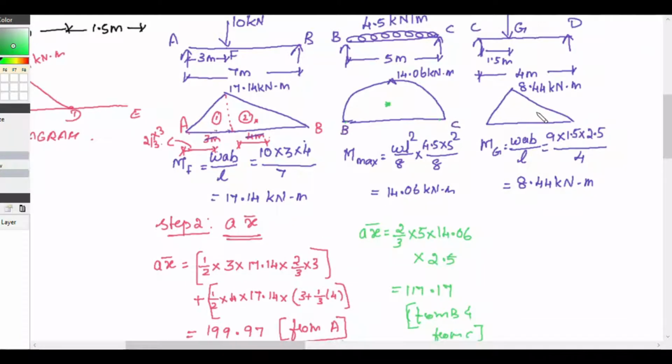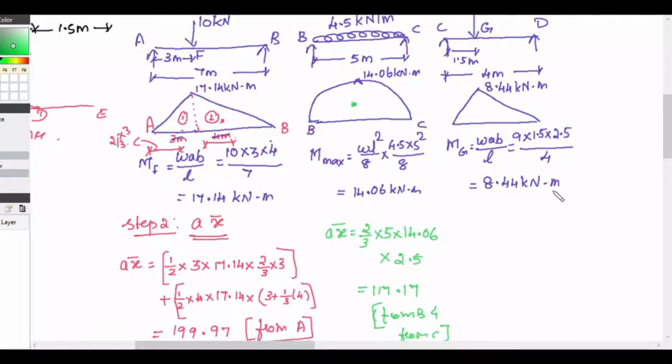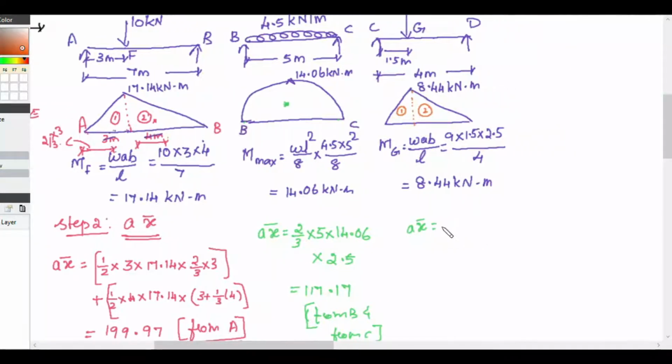Now we will come to the span CD. So for the span CD, our A into X bar will be equal to, here also we will split it into two triangles, 1 and 2. So this will be equal to half into base.